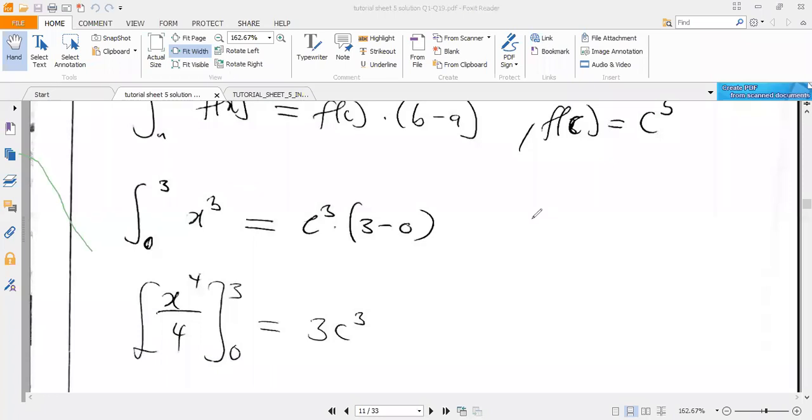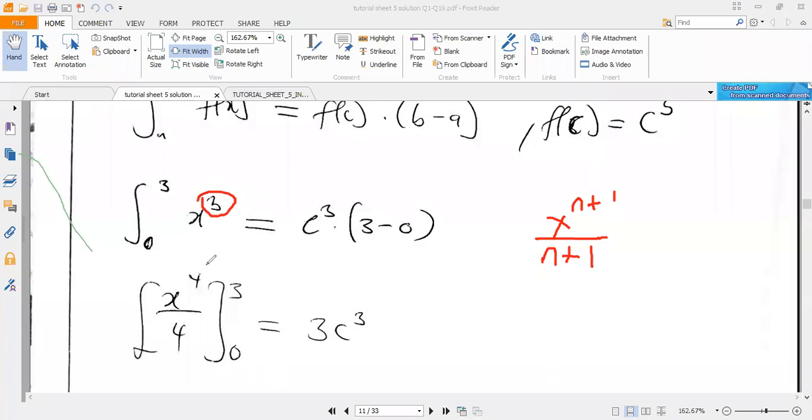The formula for the integral is, when you integrate x to the power n, it is x to the power n plus 1 over n plus 1, isn't it? So in this case, our n is 3.